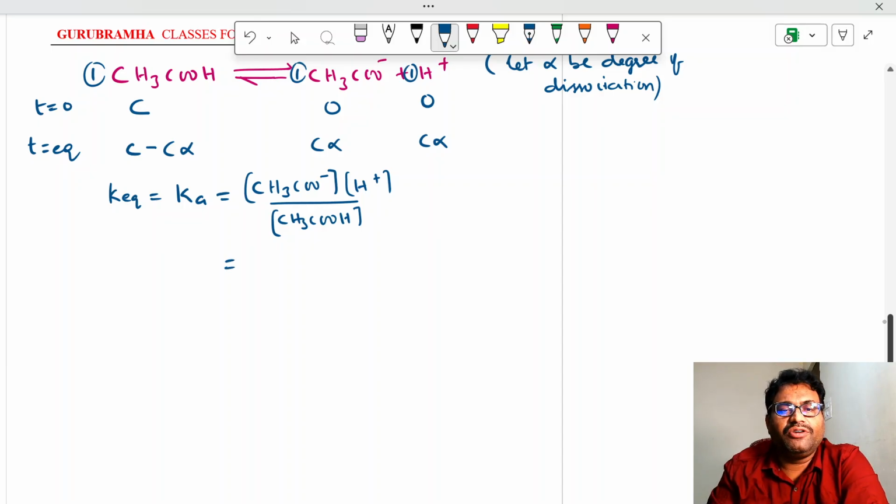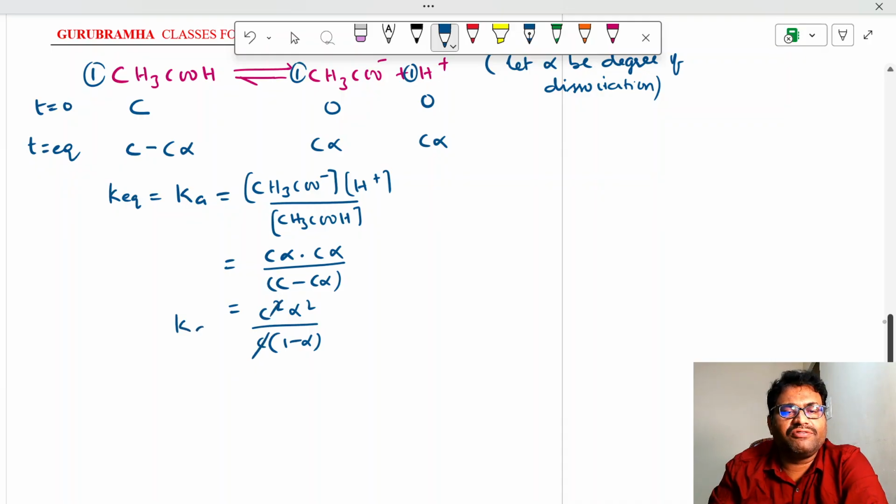That is equal to C alpha into C alpha by C minus C alpha, which is C square alpha square by C into 1 minus alpha. C gets cancelled, so Ka is equal to C alpha square by 1 minus alpha.